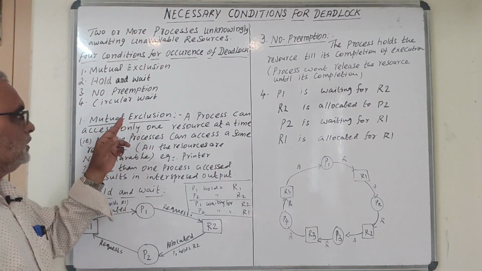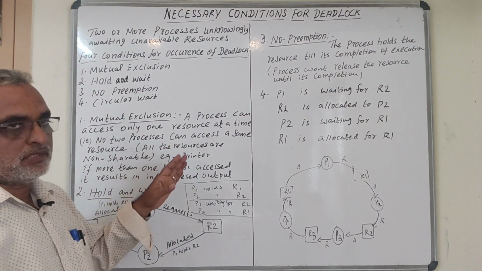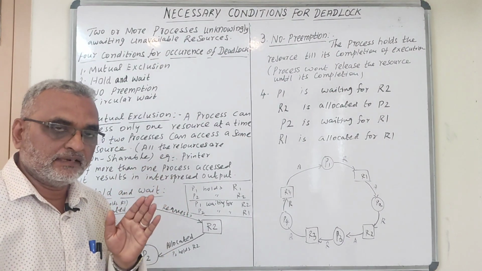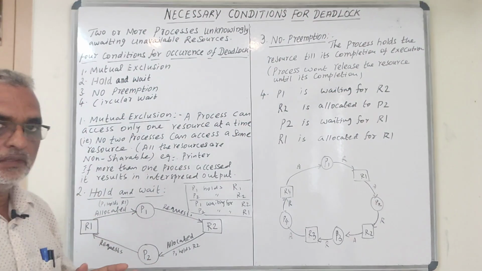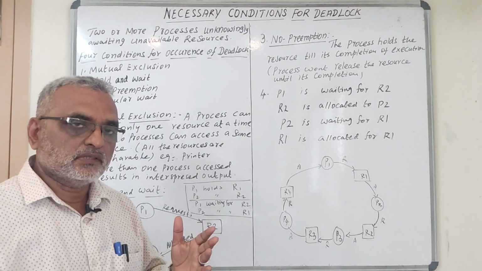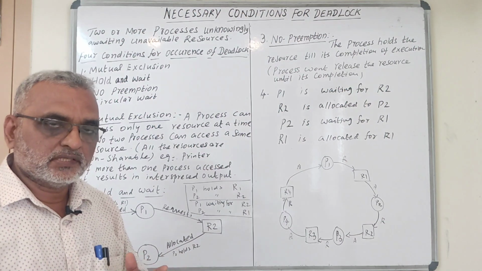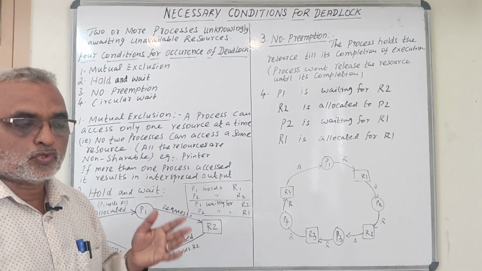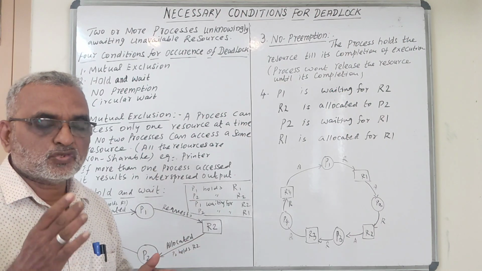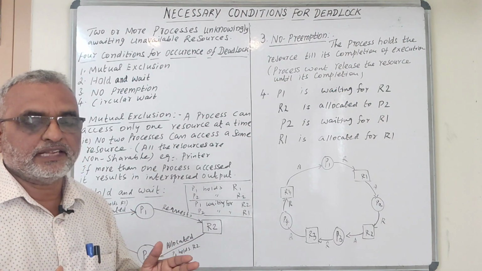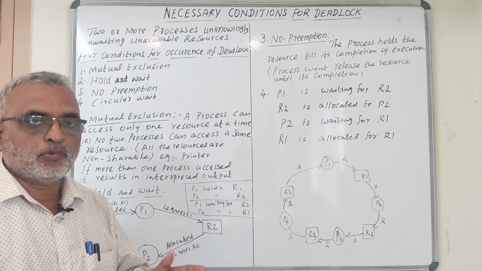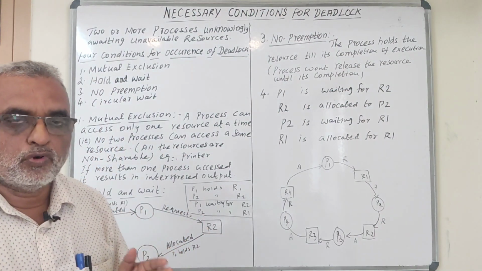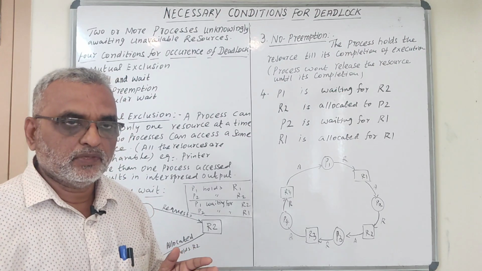First of all, the mutual exclusion. A process can access only one resource at a time. So this means the process needs resources. The resources are non-shareable. A resource can be accessed only by one process at a time.